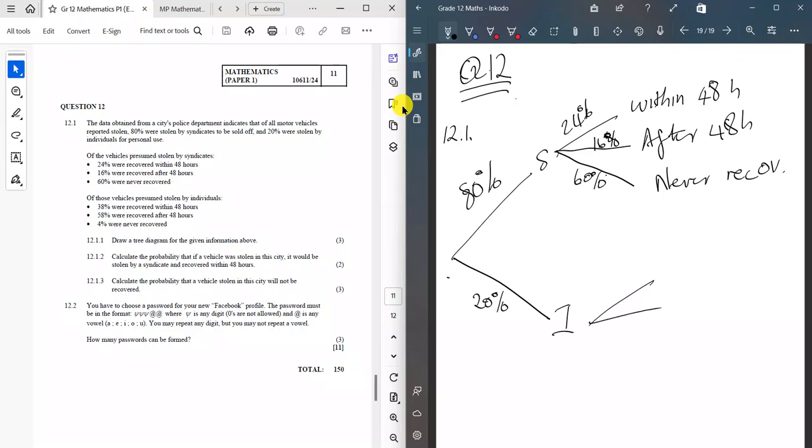Again, we have the same even for personal use. These were recovered within 48 hours, and then after 48 hours, and then never recovered.